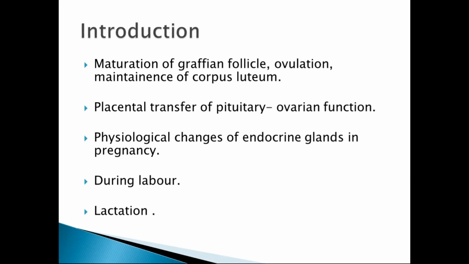And during labor, the interaction between estrogens and progesterones, their levels and their imbalance, will cause onset of labor. And finally, lactation is maintained by the prolactin hormone. So these are the main areas where endocrine function is necessary during pregnancy or reproductive function.